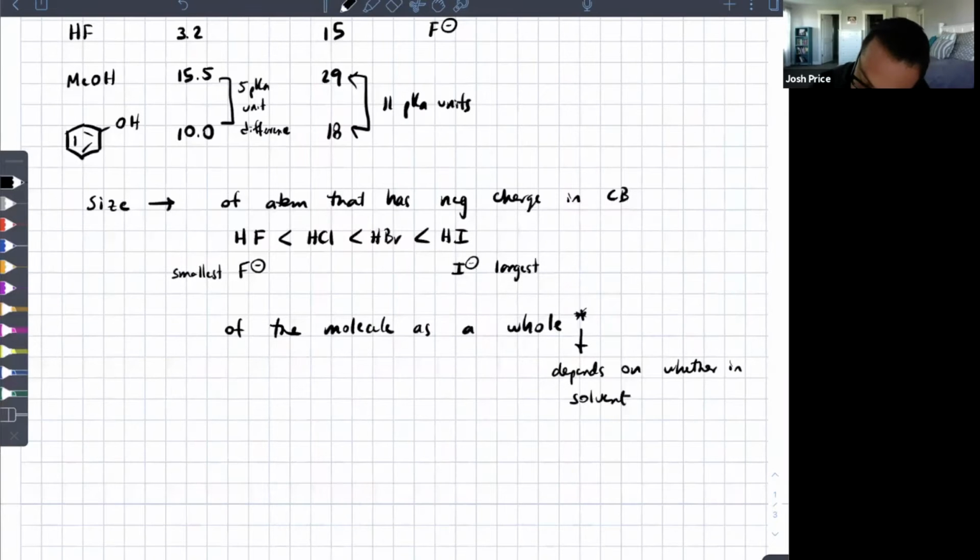I wasn't going to talk too much about gas phase because as organic chemists, much of what we do is not actually in the gas phase, but it can be interesting to consider some differences there.